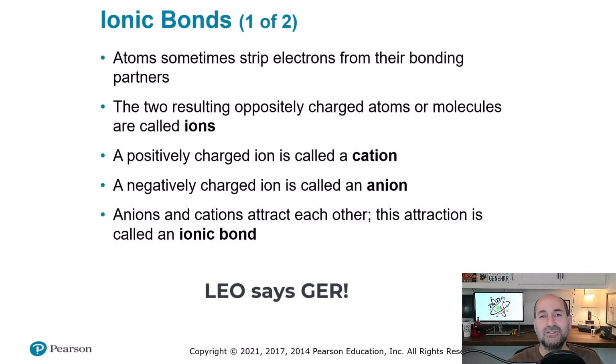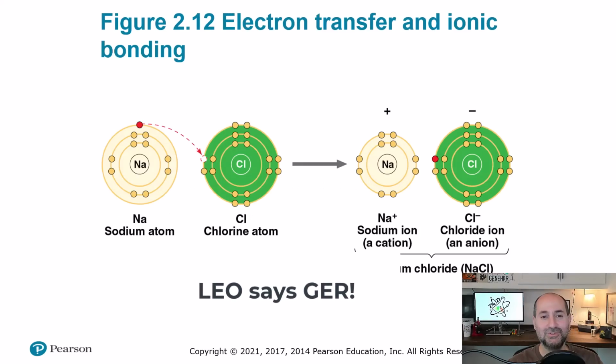Ger is like a lion would say "Ger." GER is gain of electron, which means reduction. So every time I think, what did oxidation mean? I just remember that Leo says Ger. Lions say Ger, and that helps me to remember. I hope that helps you too.